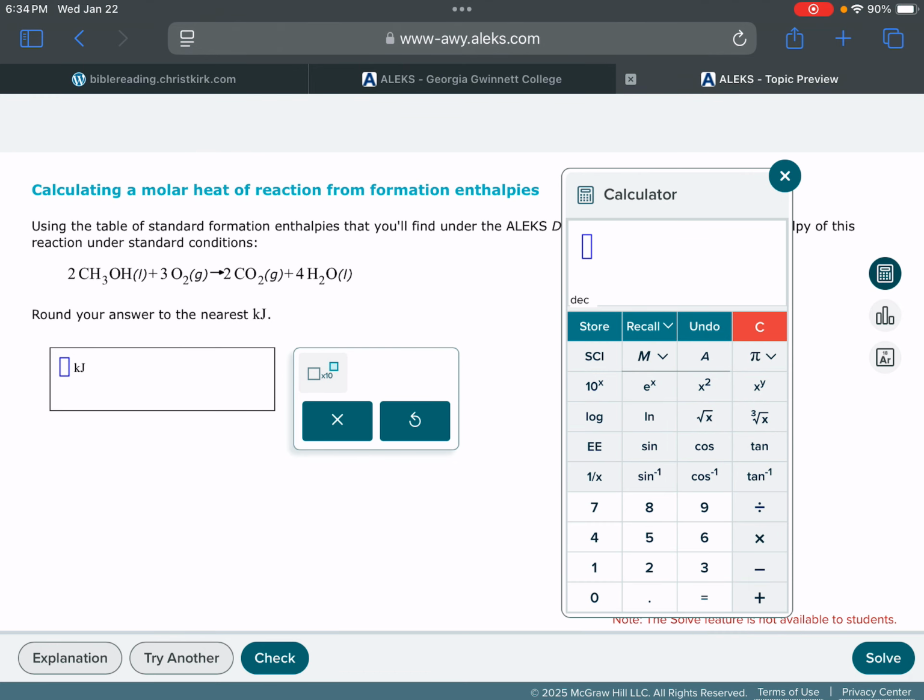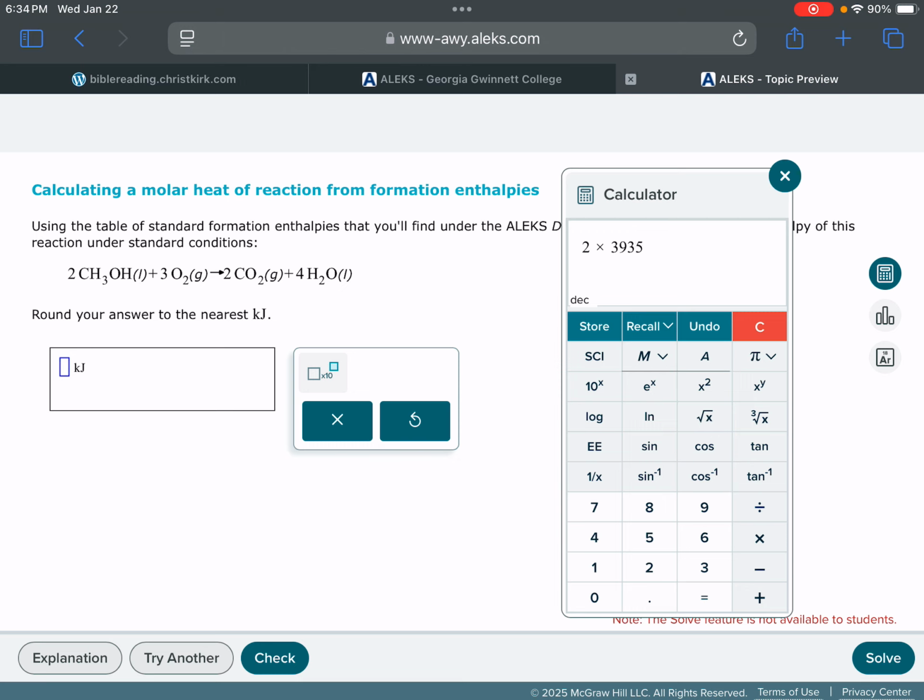Okay, so I'm going to do I have parentheses here? I don't, do I? Come on, tell me I got parentheses here. Are there no parentheses in here? All right. Well, let's do it. 2 times, and then carbon dioxide was minus 393.5.